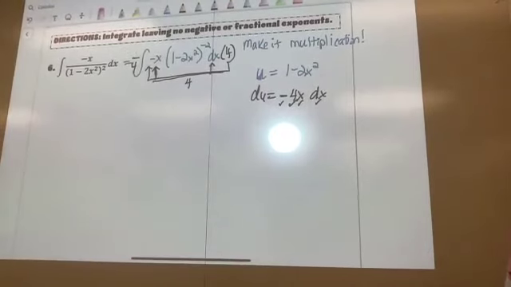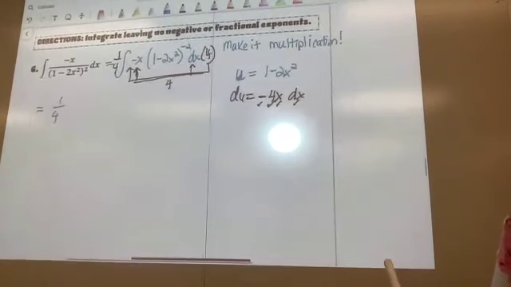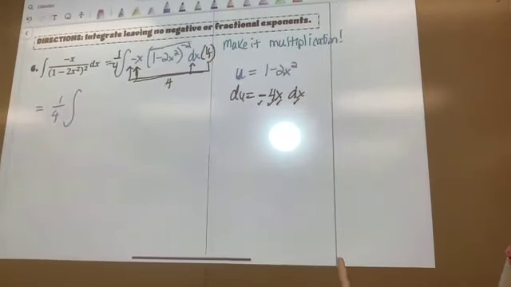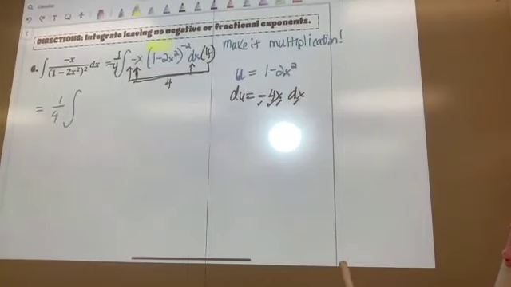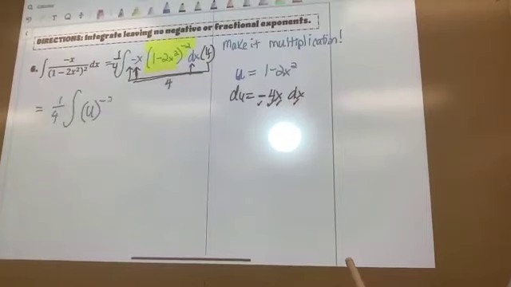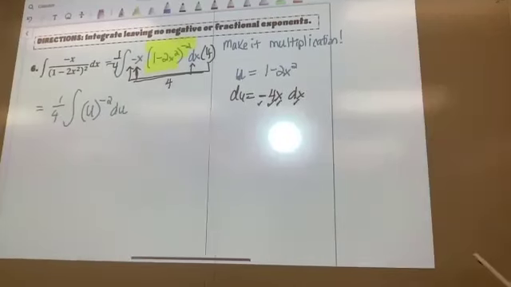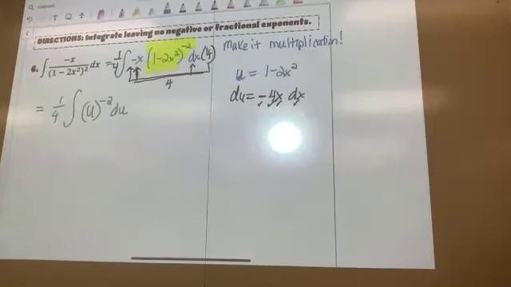I'm not changing the integration. So now I'm good for my rewrite, yeah? So it becomes 1/4 times the integral of u to the negative 2. The rest of this problem is du, the infinitesimally small value. Done. Okay.